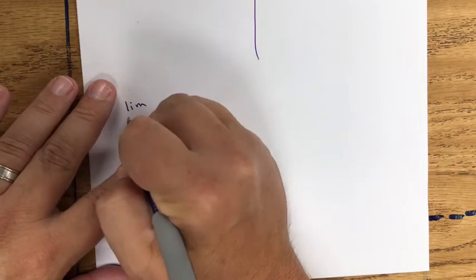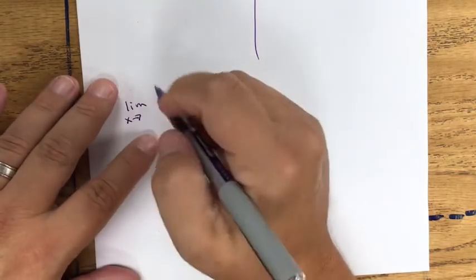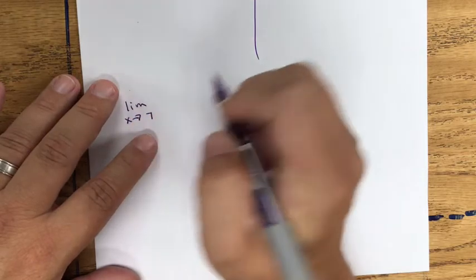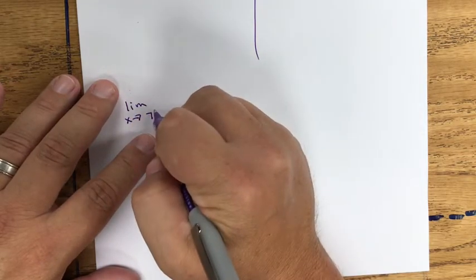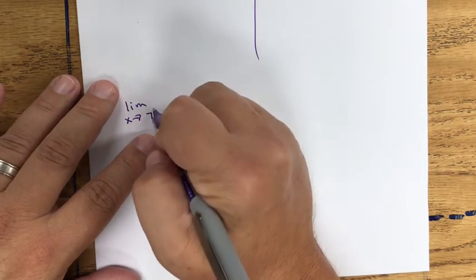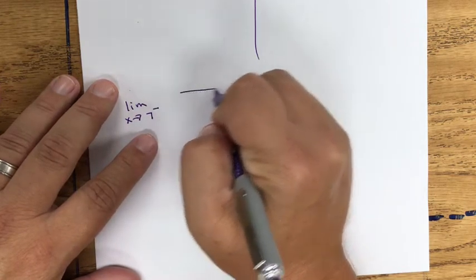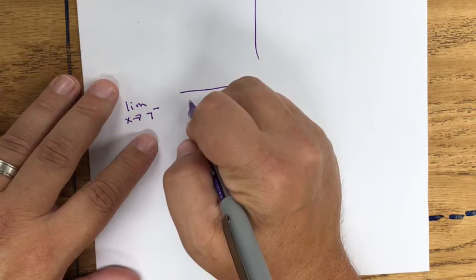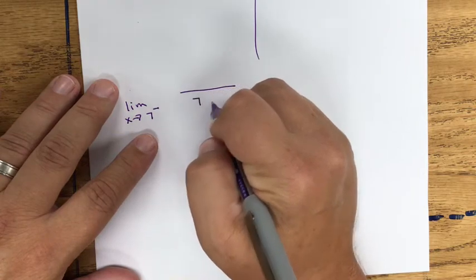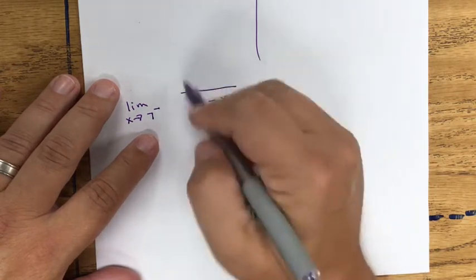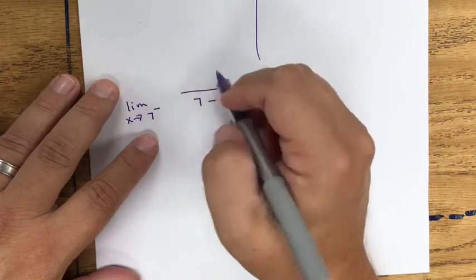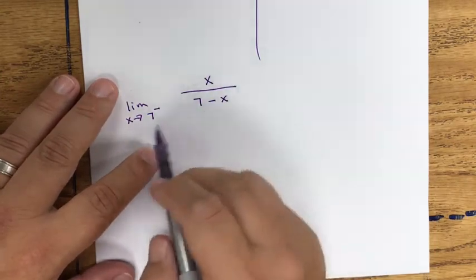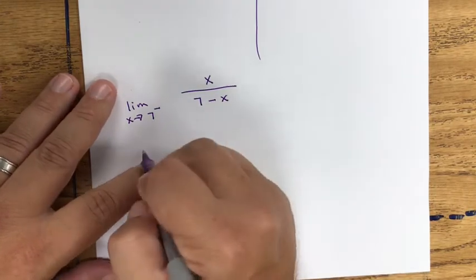The limit as x goes to 7 from the left of 7 minus x over x. So we're going to 7 on top, we're going to 0 on the bottom.